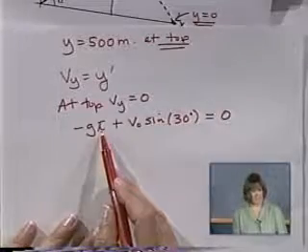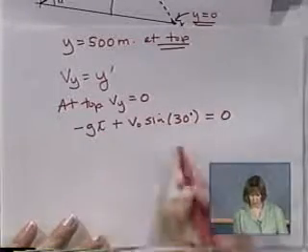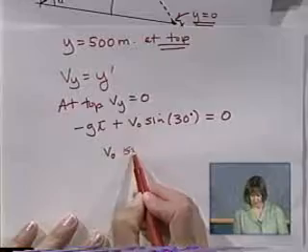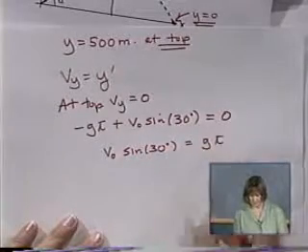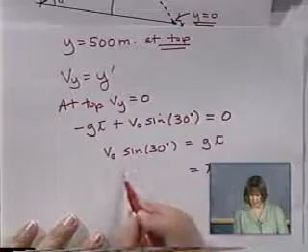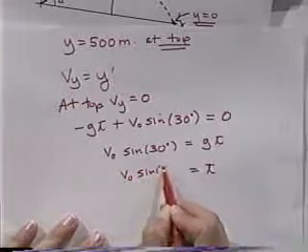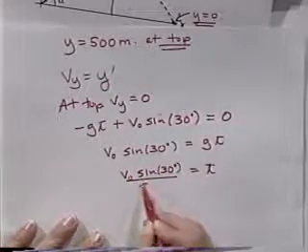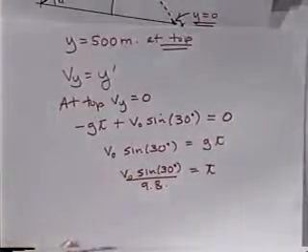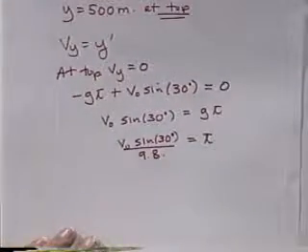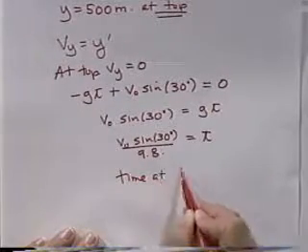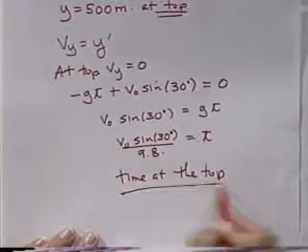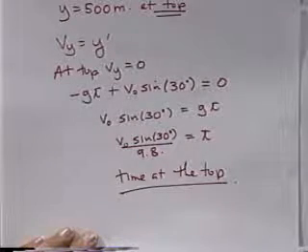We could solve for t here, couldn't we? I would get V naught sine 30 equals gt, or t is V naught sine 30 over 9.8. Okay, that's the time at the top.